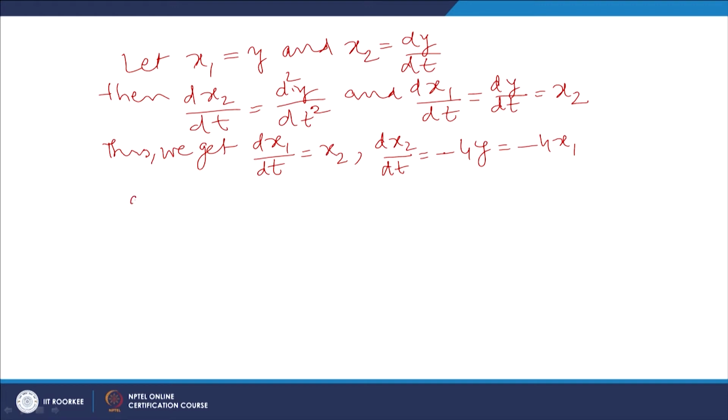So now in order to find the general solution of this system of differential equations, what we notice is d square y over dt square plus 4y equal to 0. This is a second order linear differential equation with constant coefficients. So we know how to find its solution.